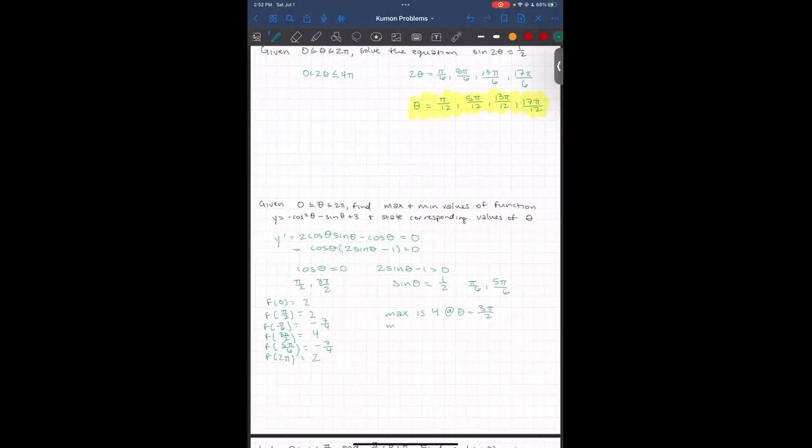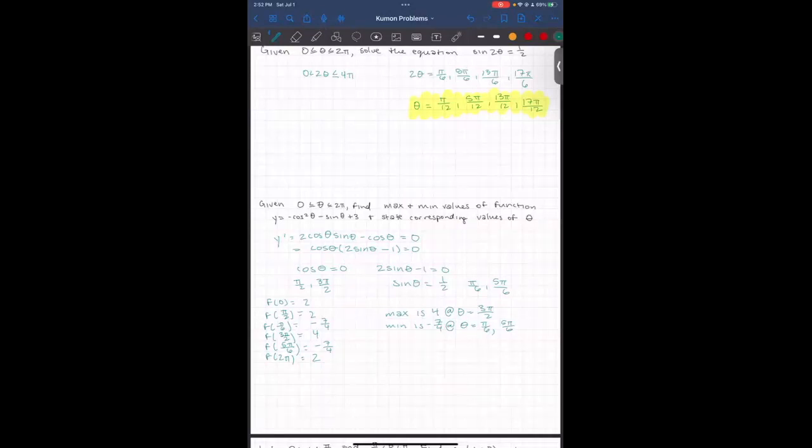And the minimum is negative 7 over 4 at theta equals pi over 6 and 5 pi over 6. Remember, this is exactly the same as solving regular polynomials for their maximum and minimum. The only difference here is that you have to remember your trig derivatives.